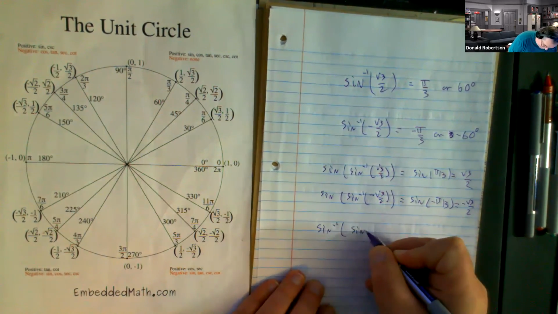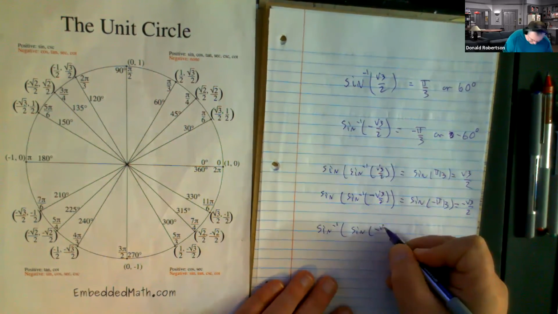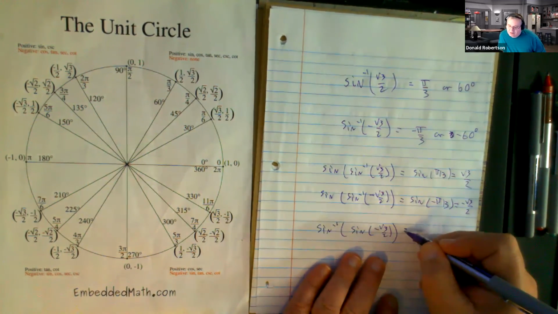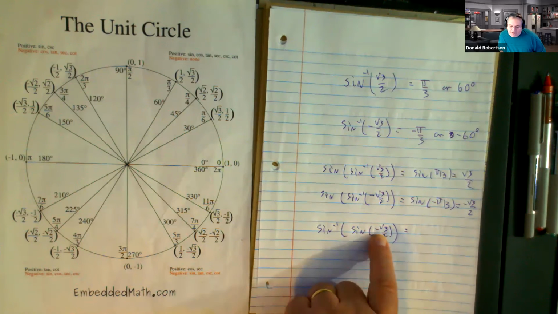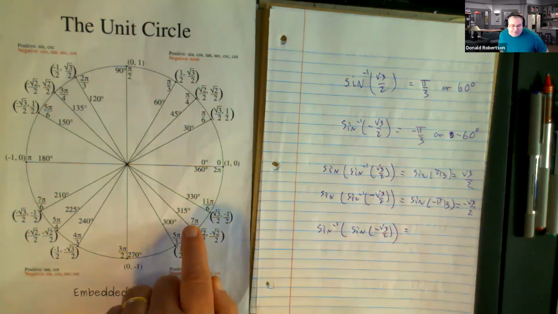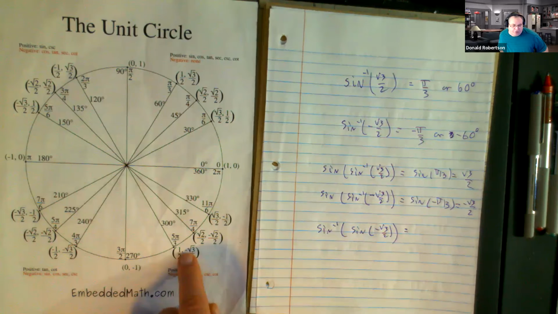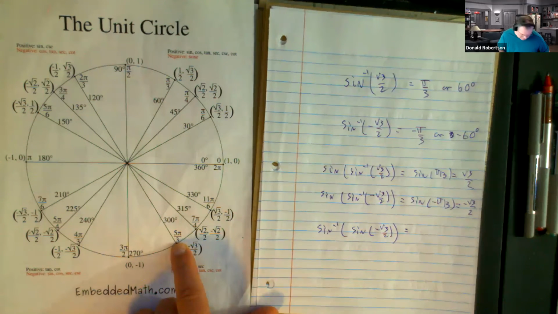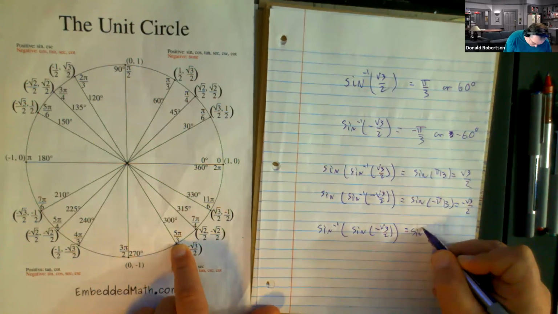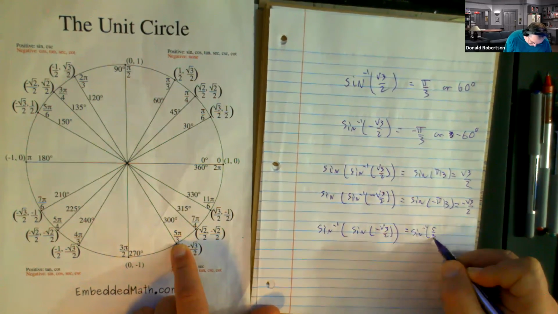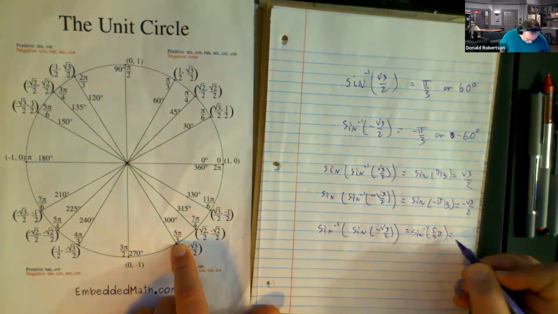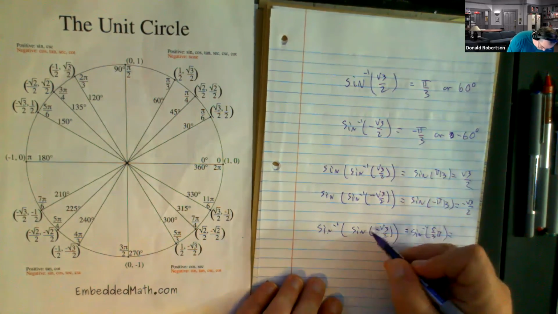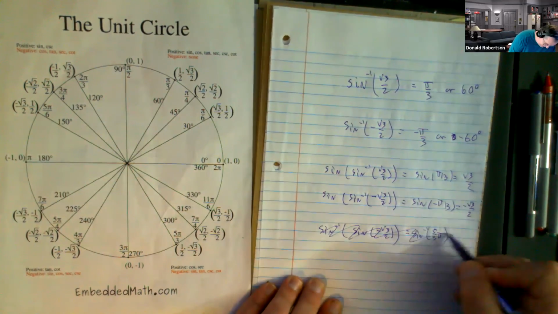Let's do this one. If I asked you for the inverse sine of this guy, what angle gives you this fella? If you were looking at it, you might say, what's that, 5/3 pi? Oh, goodness. Let's try that again.